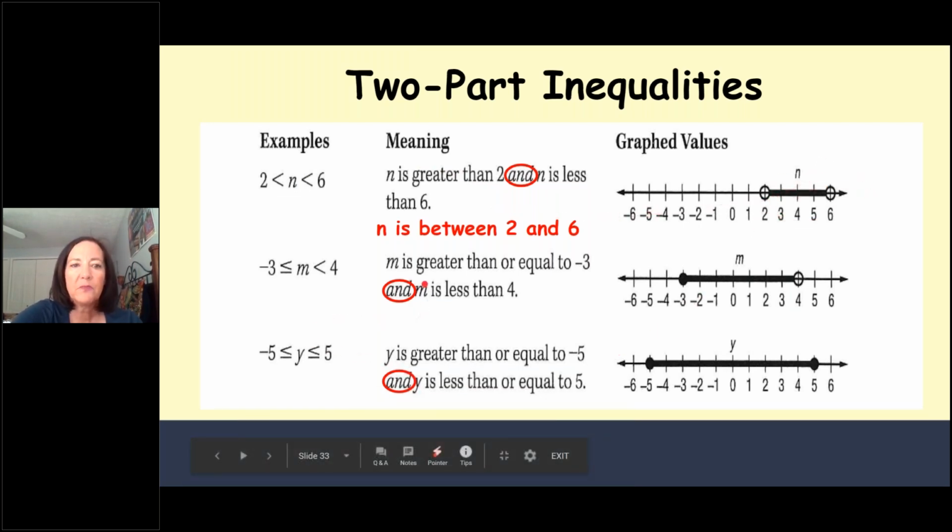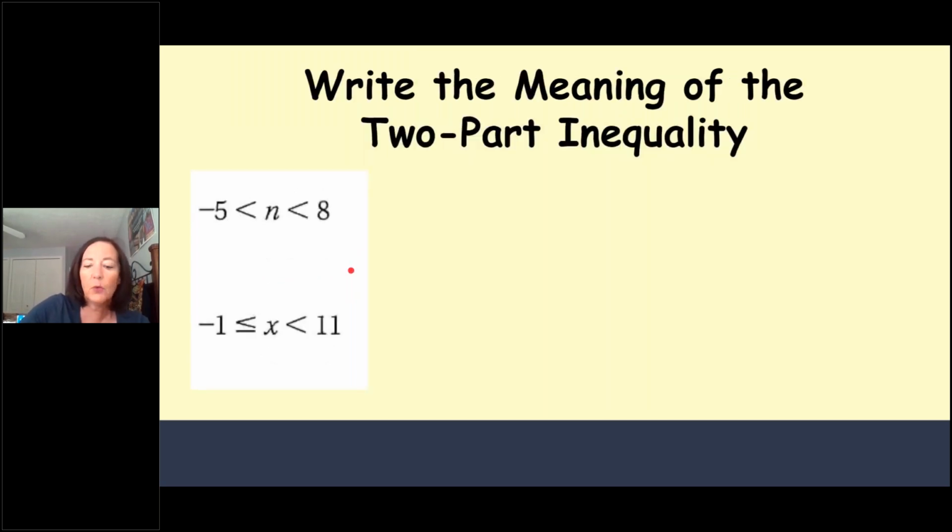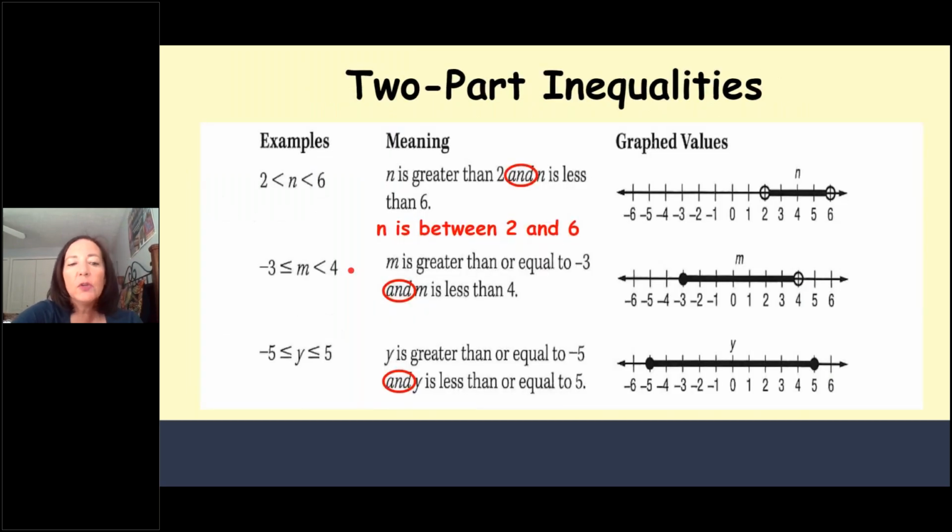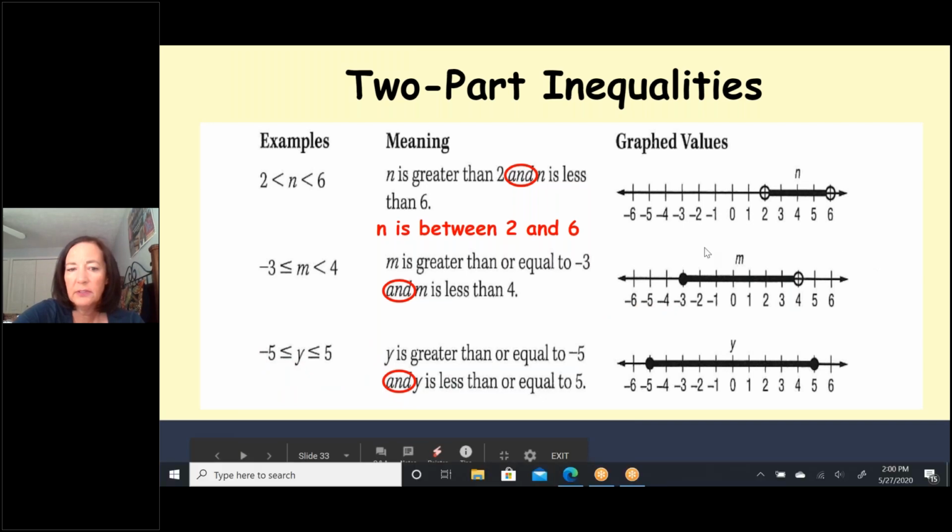Another example. They've got m is greater than or equal to -3, and m is less than 4. Another way that I've heard this written is -3 is less than or equal to m, which is less than 4. And then you could also have the bottom example.